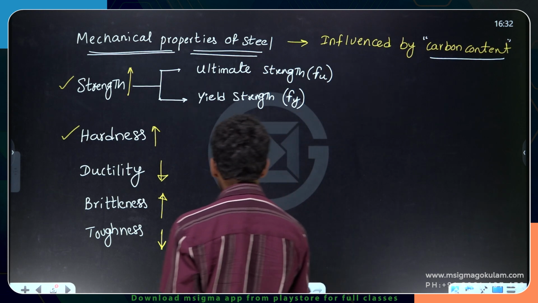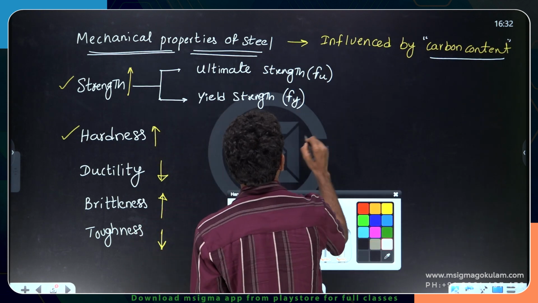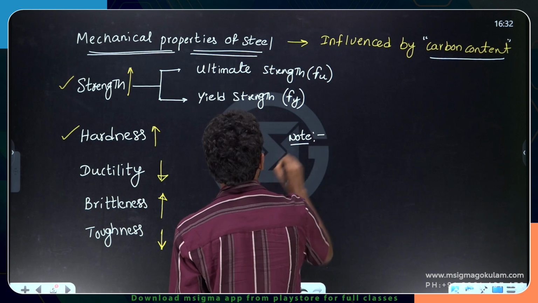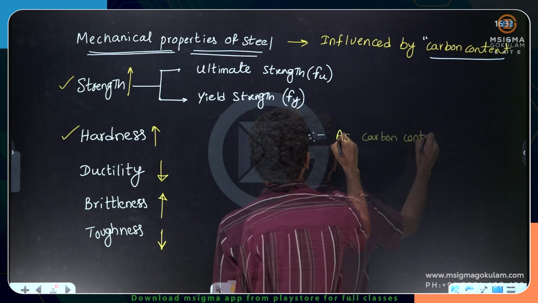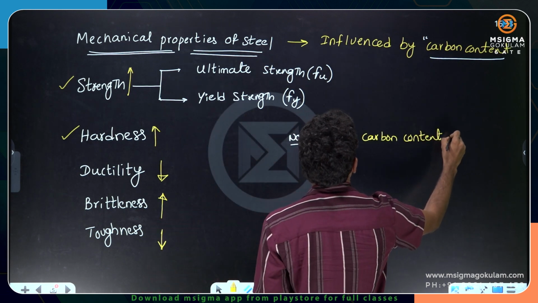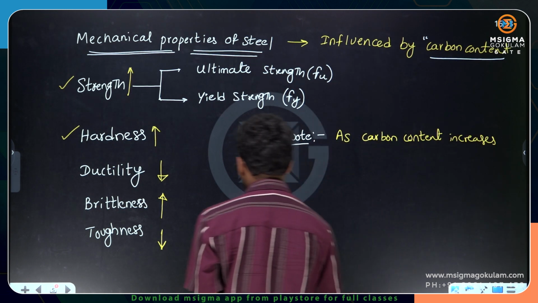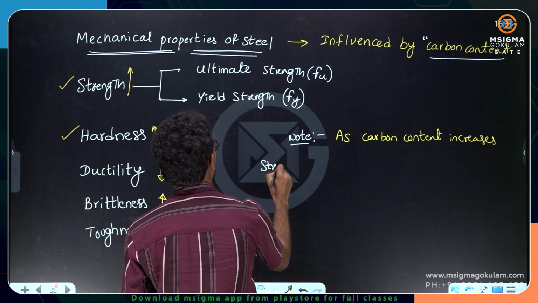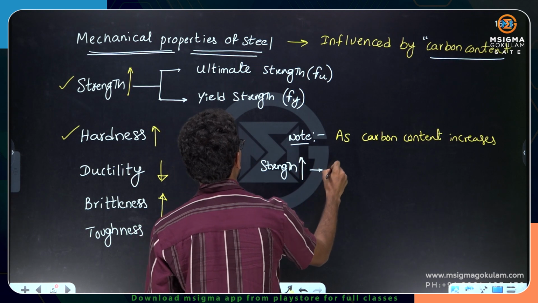So I can summarize here, let me make a note: as carbon content increases, what happens? Strength increases. What about hardness?